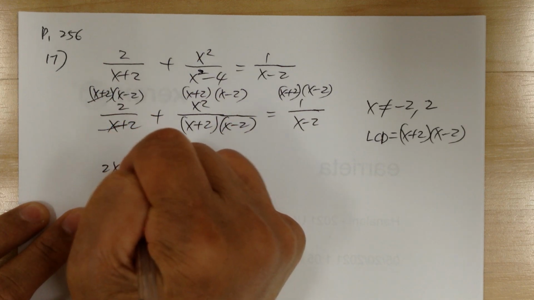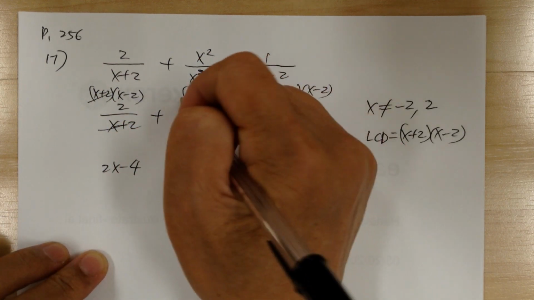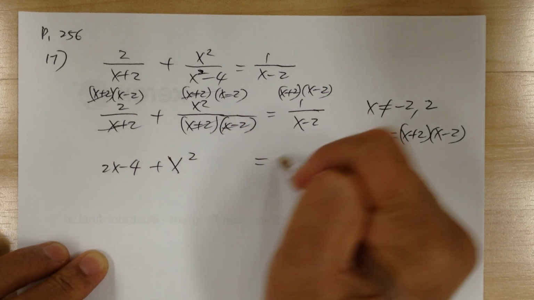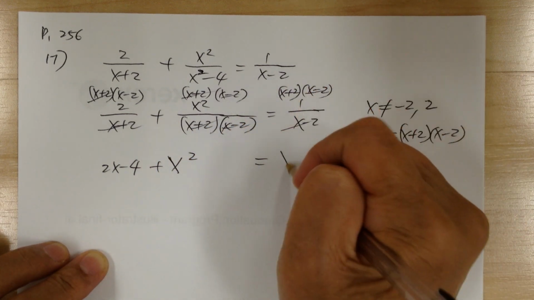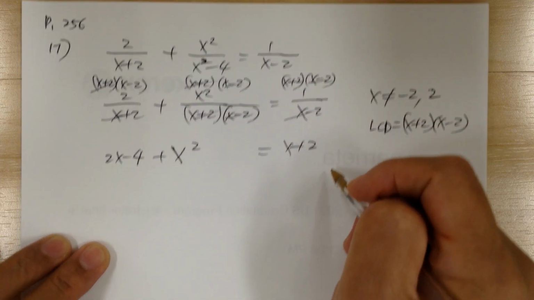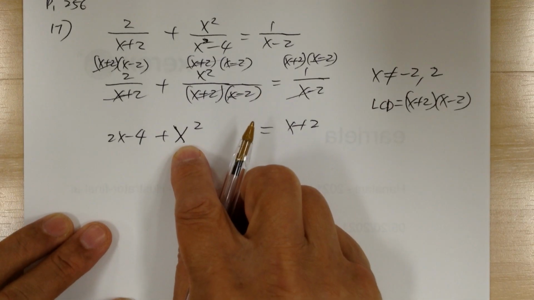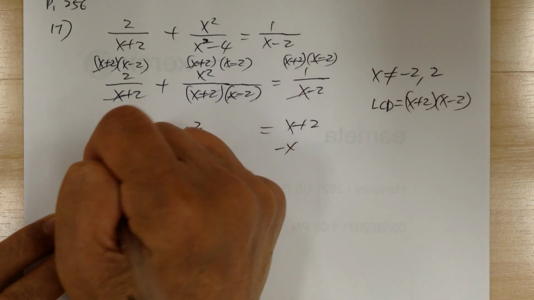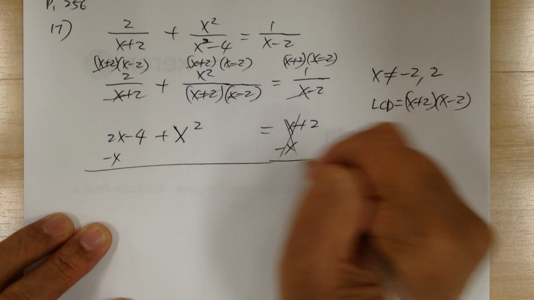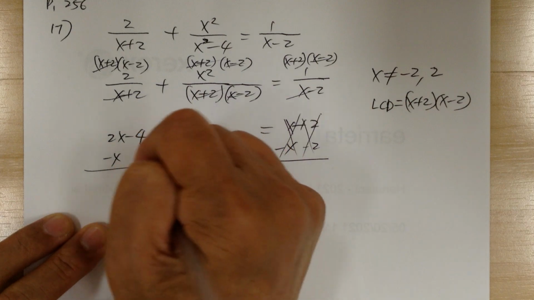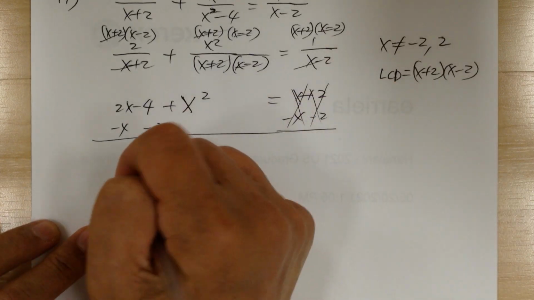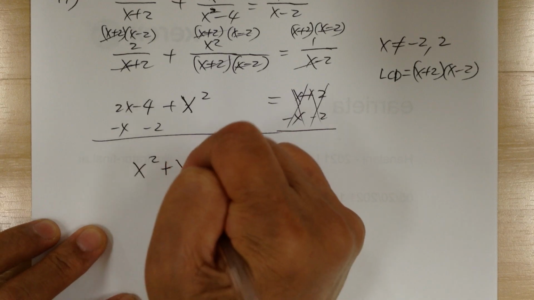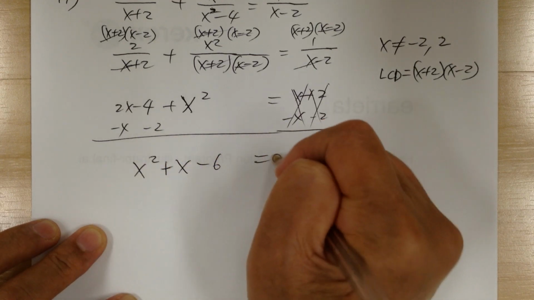So you got 2x minus 4, and this will cancel everything else, so it will be plus x squared, and this will equal, this cancels out, x plus 2. Now since there's an x squared, I need to make this equal to 0 so I can do the factoring. So minus x on both sides, this will cancel out. Minus 2 on both sides, this will cancel out. So I got x squared plus x minus 6 equal to 0.